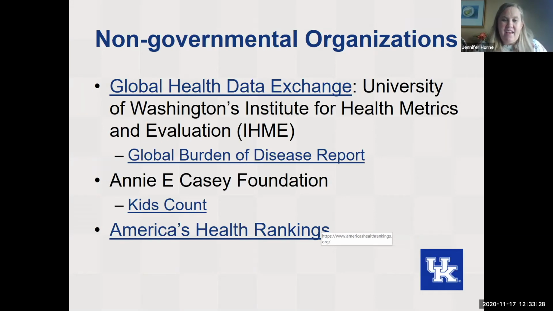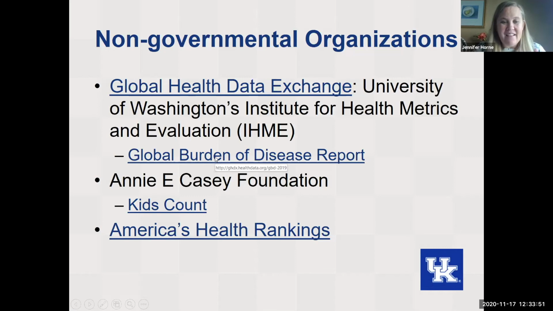One of the things they are pretty famous for is the Global Burden of Disease report that calculates the burden of disease for countries around the world. Again, they're not collecting data. They're using existing government sources, but they are doing a lot of value added to that data.